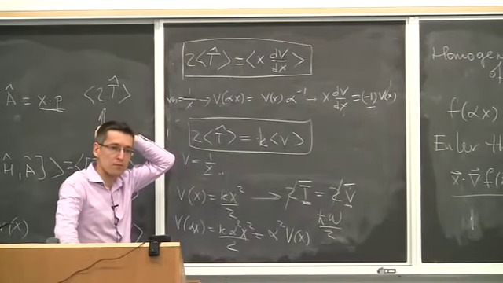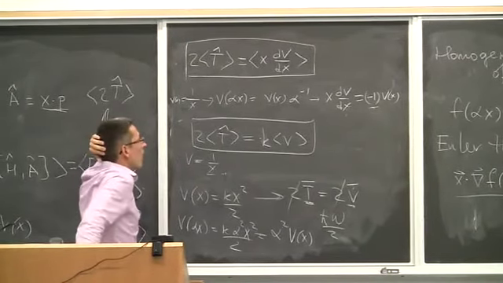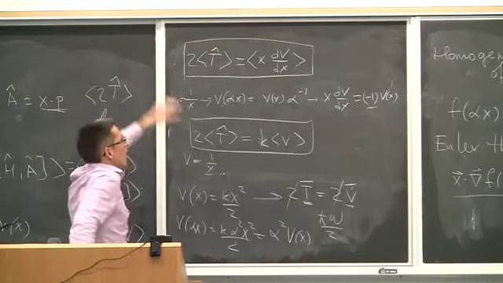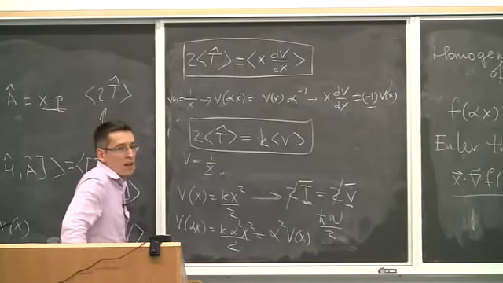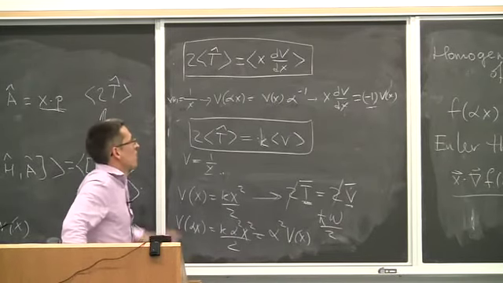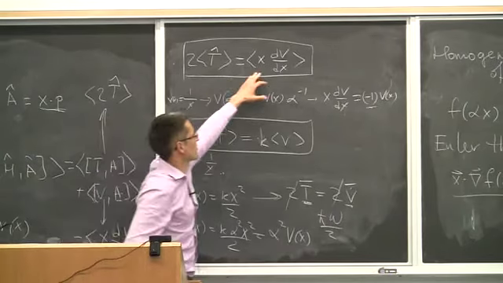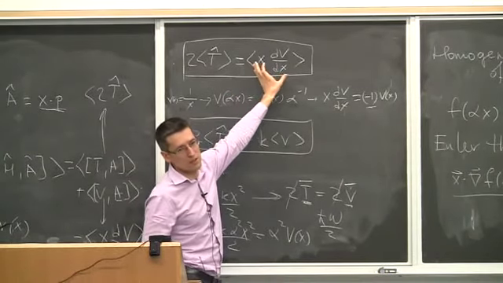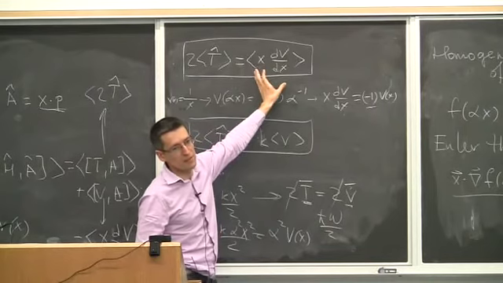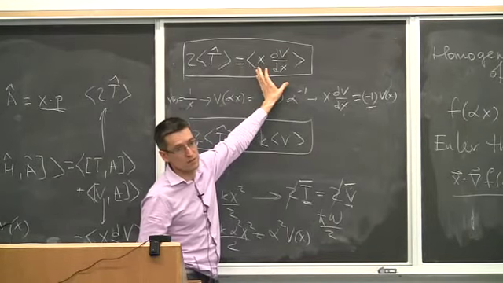The equation you have at the top of the board there, that's not considered the Virial theorem, or Virial theorem? Well, it is. We could use that even if our potential is not homogeneous. That's right, but then the trouble is that this part is not guaranteed to be an average potential energy. Right?